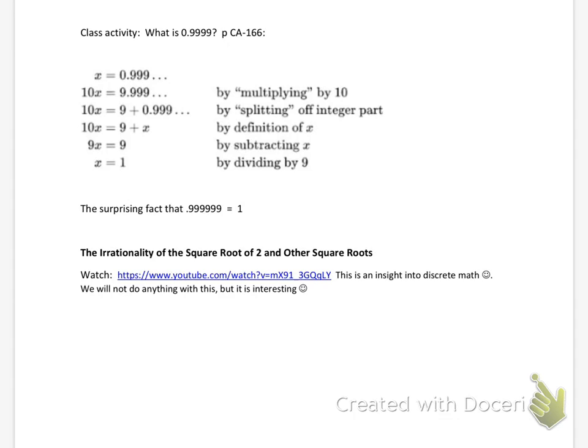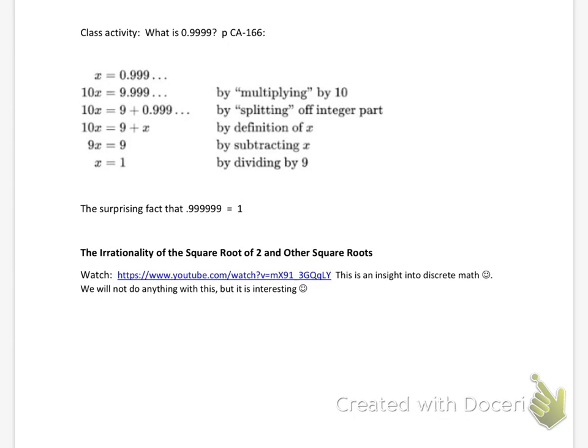So if you have x, which is equal to 0.999..., so that means 0.999 goes on forever and ever. So if you take 10 times it, you will get 9.999, okay, because I've added 9 plus 0.999. And then if you subtract away the x, you will end up realizing that 0.999 actually equals 1. So that's kind of a neat little fact.